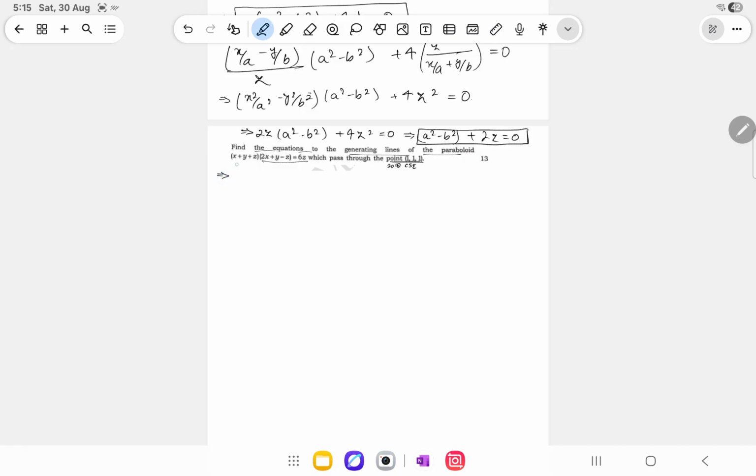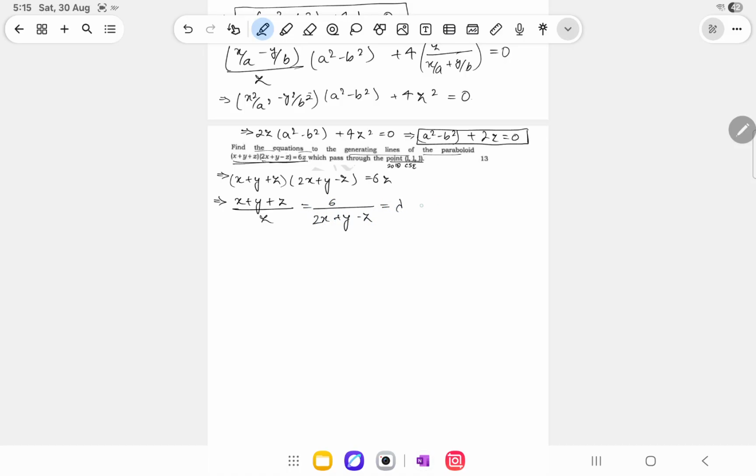So we can write the given equation of the paraboloid as x plus y plus z into 2x plus y minus z is equal to 6z. So I can write it as x plus y plus z divided by z is equal to 6 upon 2x plus y minus z.